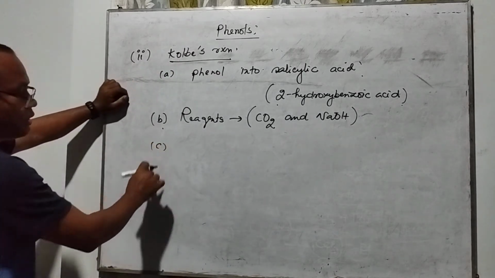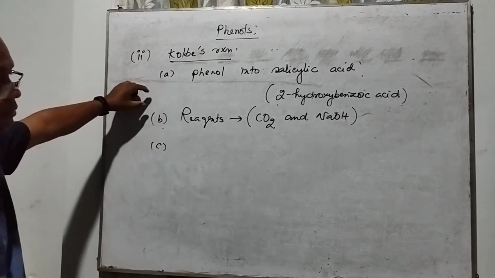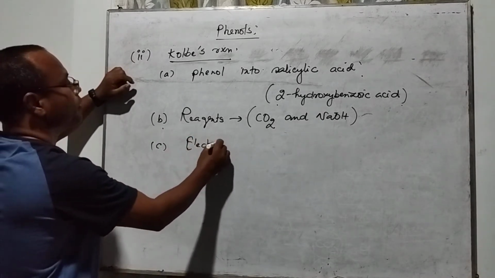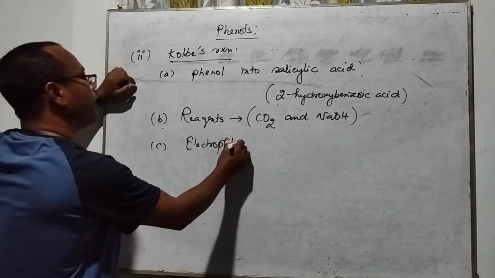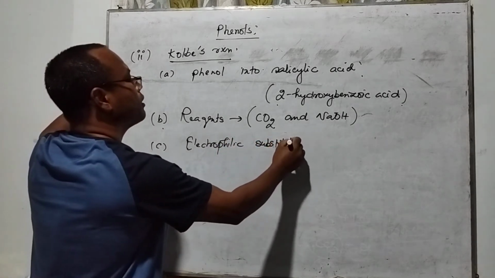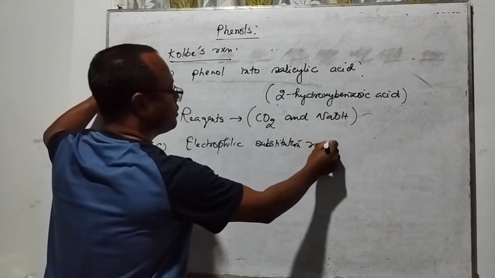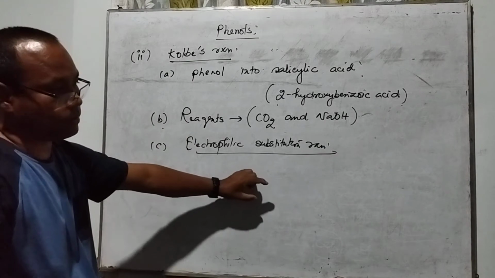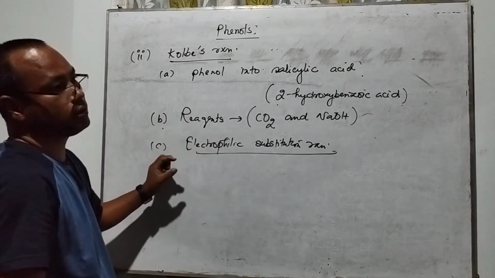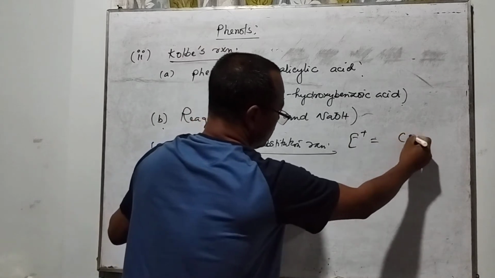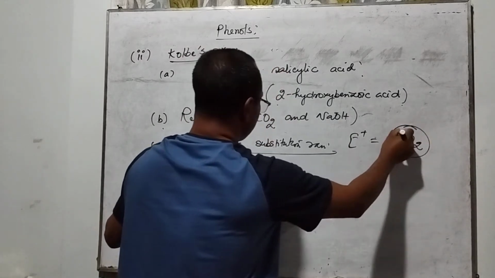What type of reaction mechanism does this follow? This is also an electrophilic substitution reaction. If the Kolbe reaction follows electrophilic substitution, what is our main electrophile? Carbon dioxide is the electrophile we use here.